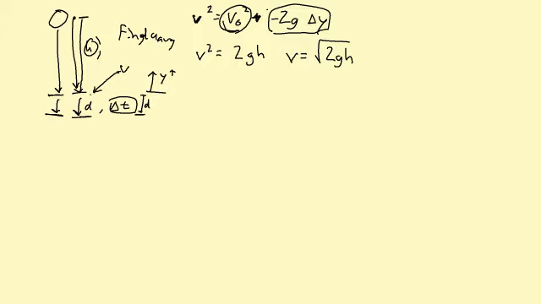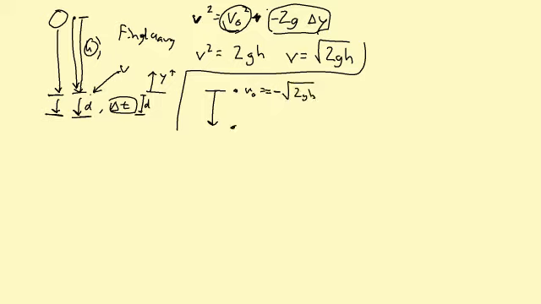That's pretty easy. Now I'm going to do it as though we're starting a new problem here, starting from here where v naught equals negative square root of 2gh, and then ending here where v equals 0. And so we want to find out what its average acceleration was. Well, v equals v naught plus a times t, right?